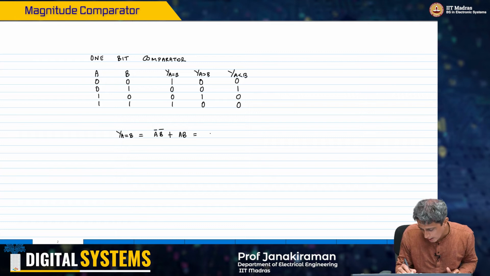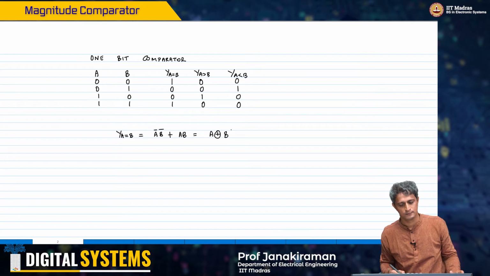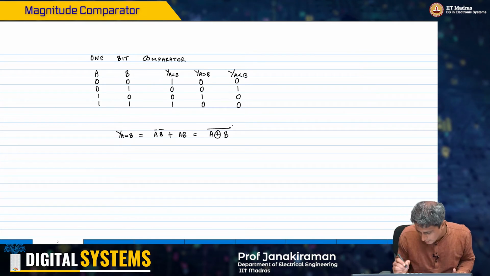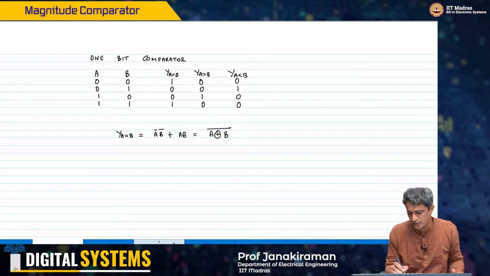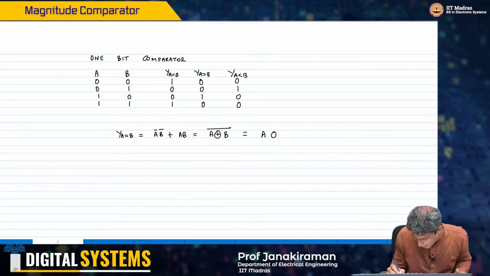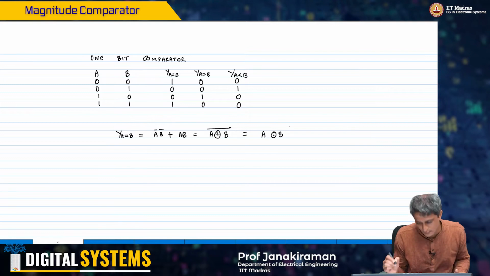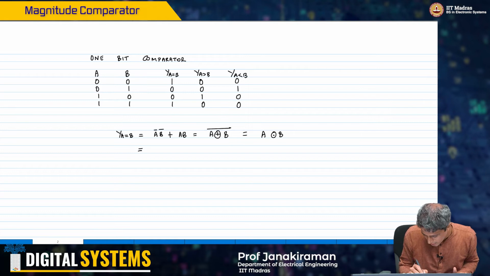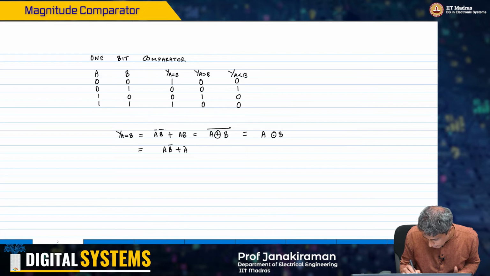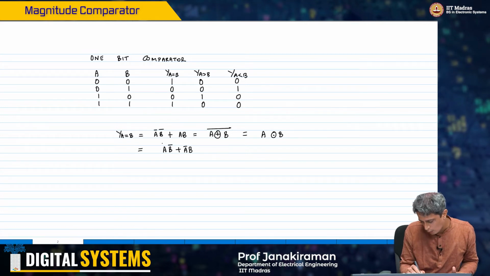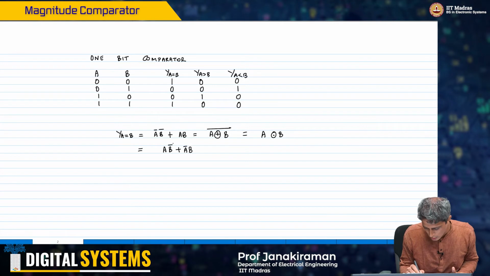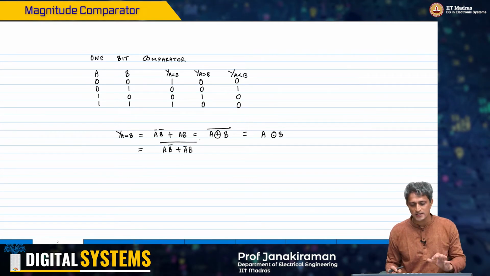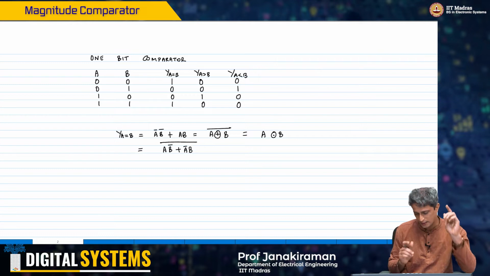This is actually A XNOR B. Okay, A XNOR B, which is this thing, and this is, by the way, denoted by this dot. The A XOR B whole bar essentially, right? So this can be written in the following way: A B bar plus A bar B, whole bar. Okay, this is the A equal to B term.